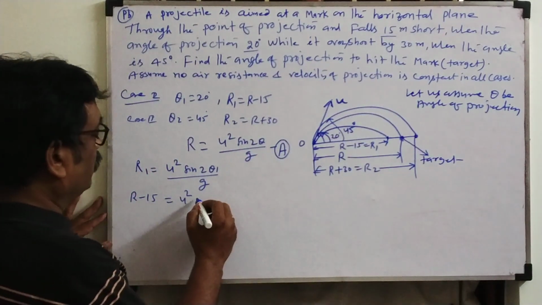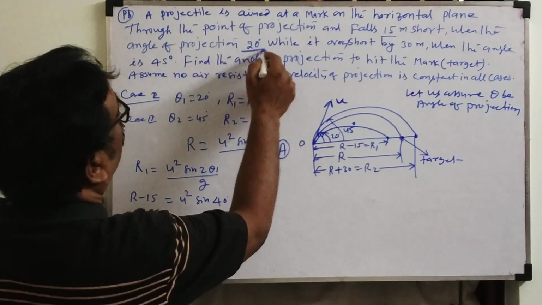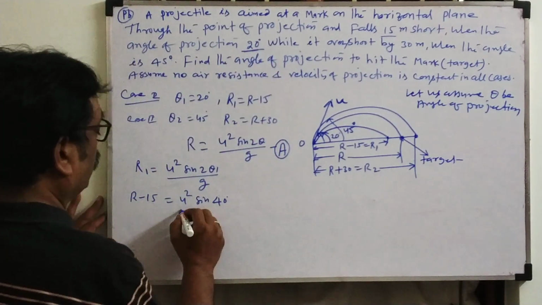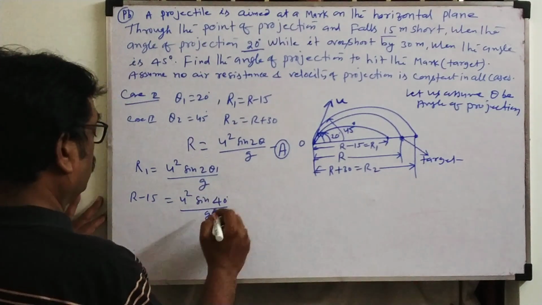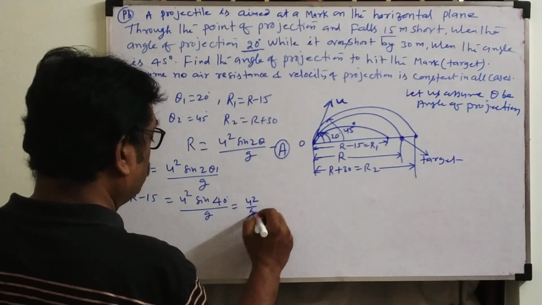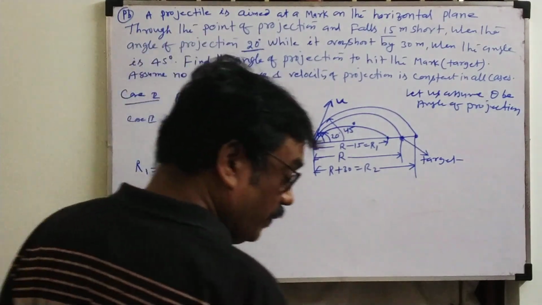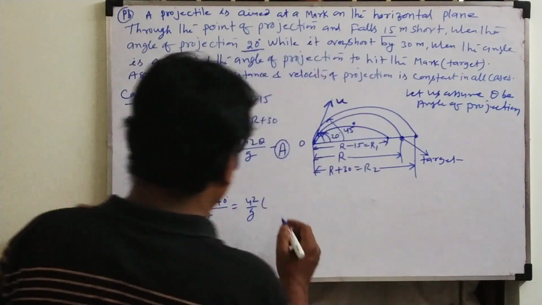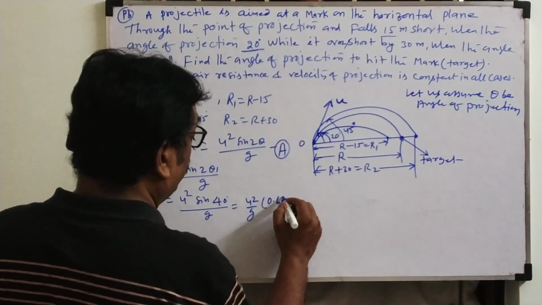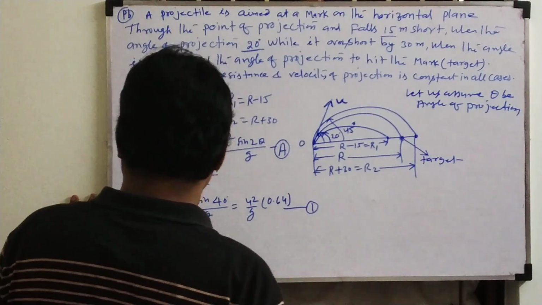Why 40 degrees? Because they gave theta as 20 degrees. So U square by G times sine 40 degrees, and sine 40 degrees, if you calculate, comes to 0.64. Call this equation number 1.